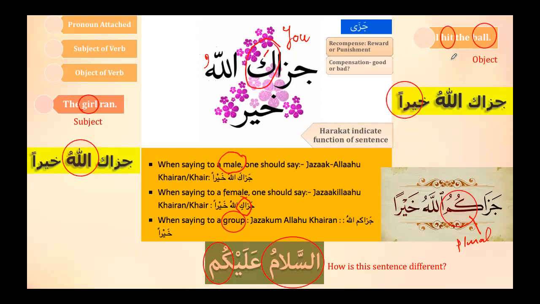Now let's take another example. So if I say in English, I hit the ball, the question arises first, if I just said I hit, I hit what? So ball is the object. I hit the ball. Okay. So ball is the object of this verb, hit. So similarly, in Arabic also, certain verbs come with objects. So here, in Jazakallahu khairan, khairan serves as the object.